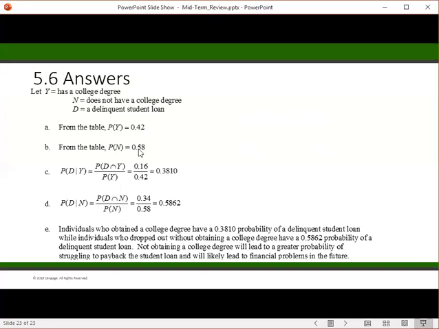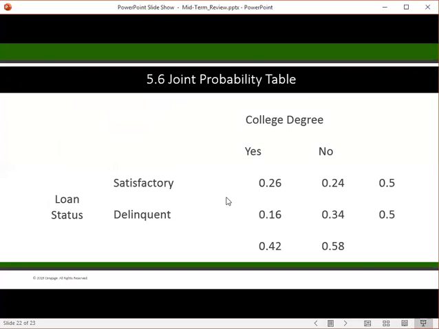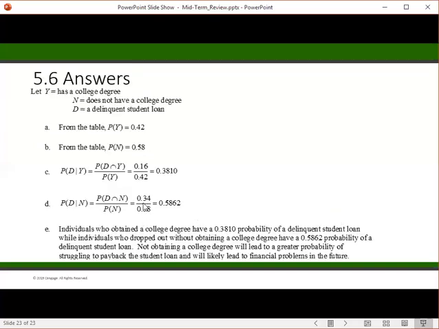Well, we got 0.58 for that. So what's the joint probability that they're delinquent and they did not receive a degree? Well, delinquent and no is going to be 0.34. So we have 0.34 divided by 0.58 equals 0.5862, or 58.62%.